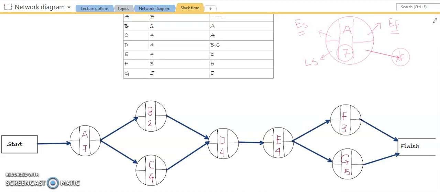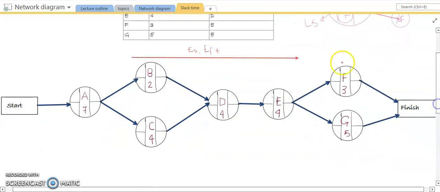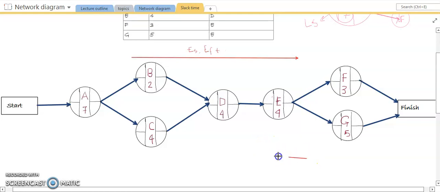So when you're doing the calculation for earliest start and earliest finish, you will always be moving in this direction, which is the forward direction. So I'm writing here earliest start and earliest finish times, right? And when you are going to calculate the latest start and latest finish times, the direction of movement will be in the opposite direction. So you will always move like this.